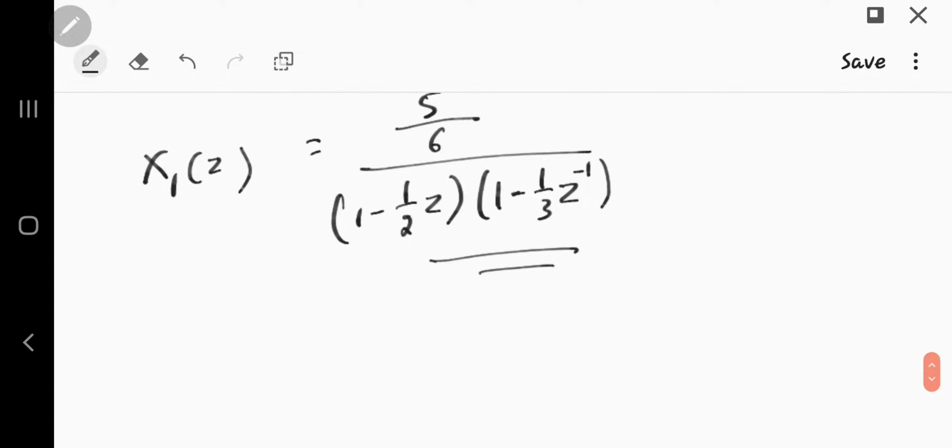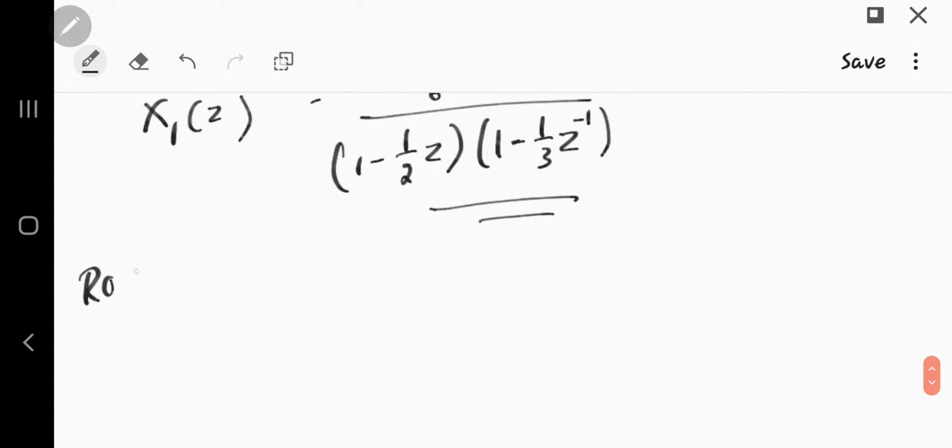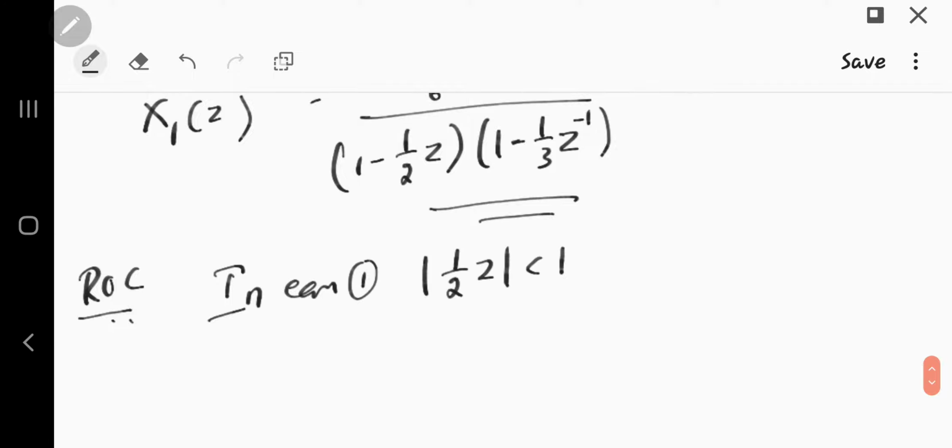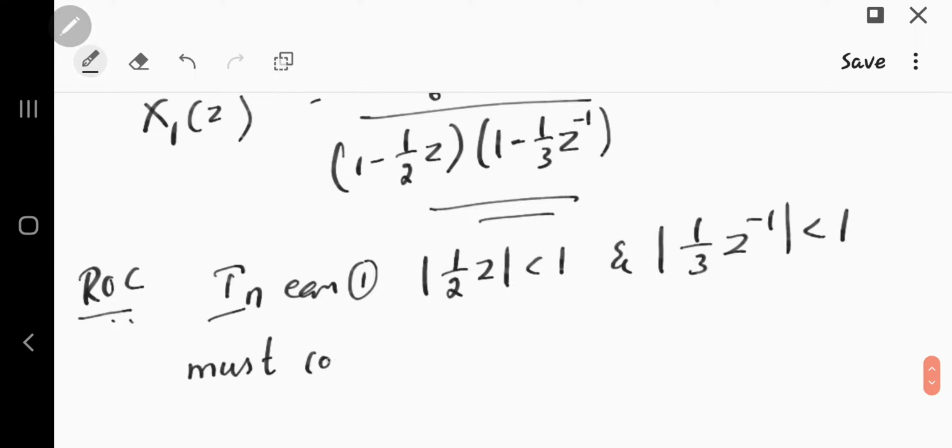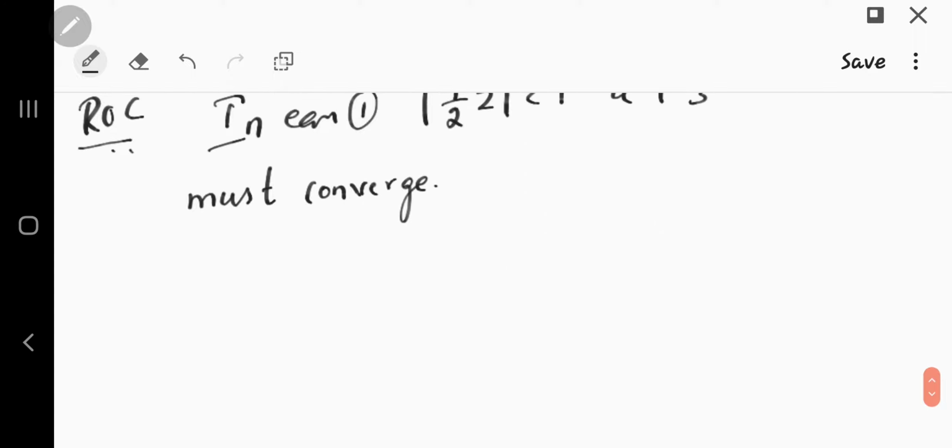Now if you look at the ROC, in equation 1, 1 by 2 z must be less than 1 and 1 by 3 z inverse must be less than 1 to converge.